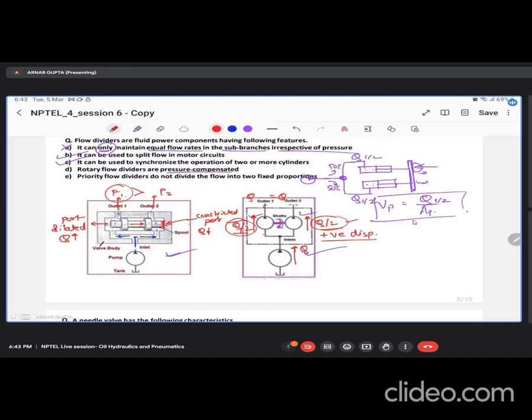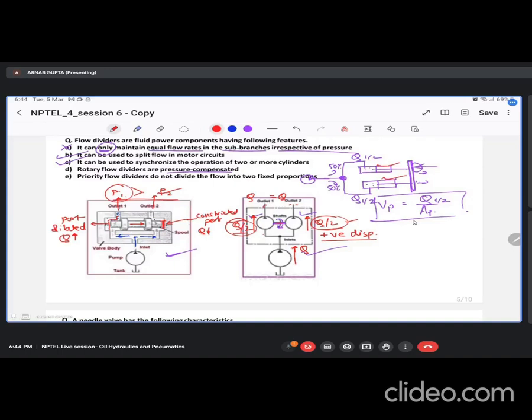Actually we are not dilating it; it is happening due to this pressure differential P1 minus P2, and hence more flow takes place through here, so that it can allow this particular cylinder or motor to operate uniformly with the second one, the cylinder, whatever.